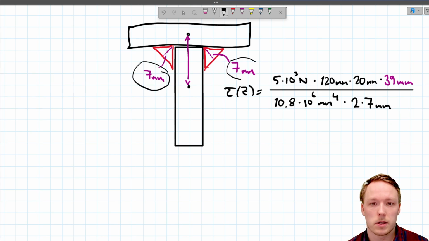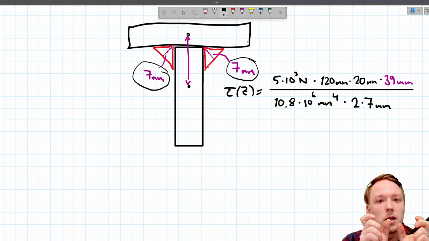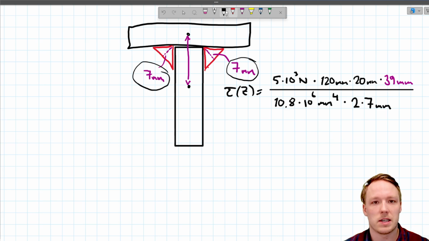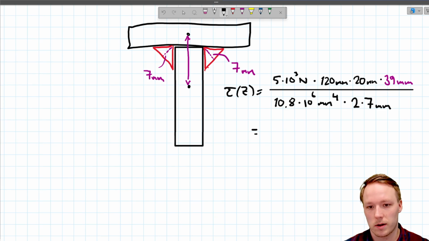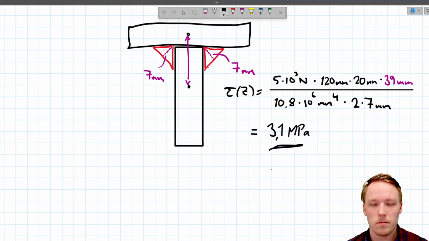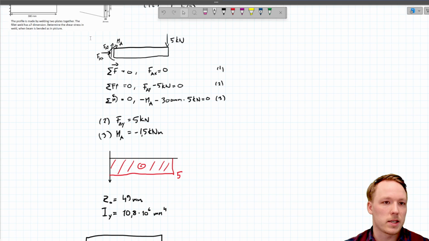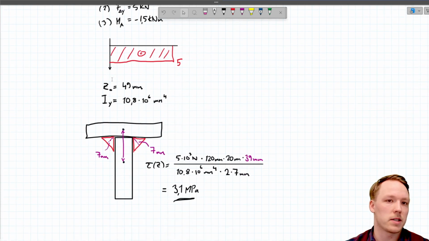So we have 2 welds, so in length, the total length of the shearing line is 14 millimeters, so 2 times 7 millimeters. And when we feed these values to our calculator we will get a value of 3.1 megapascals, like so. So that was a really quick example of how we can calculate shearing in this kind of scenario.